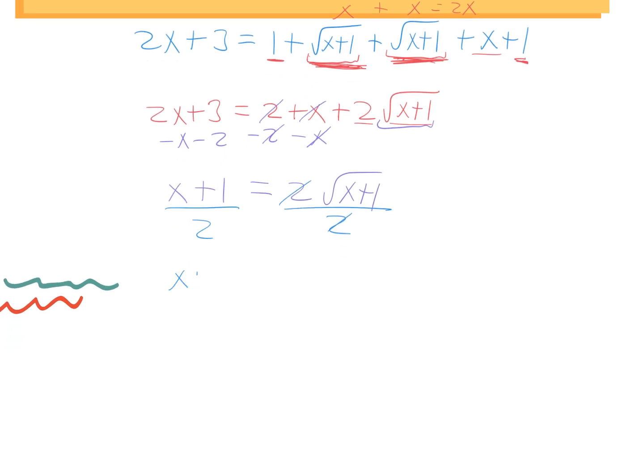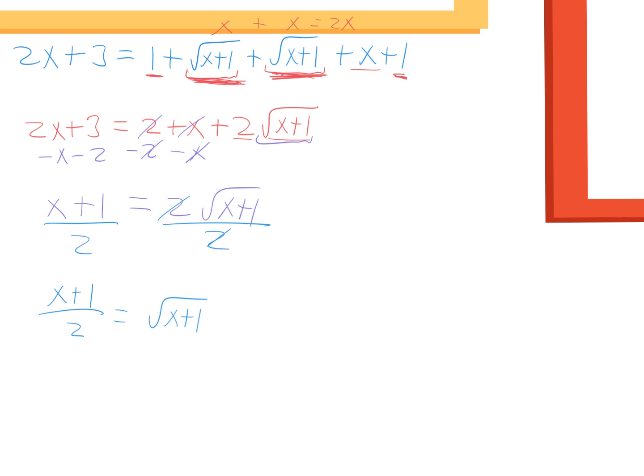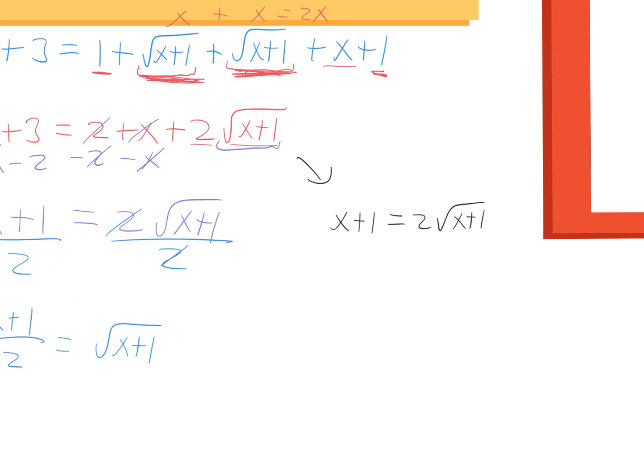So we get x plus 1 over 2 equals the square root of x plus 1, and now that square root is completely by itself. The other way you could have done it, and I'm going to write it over here, is x plus 1 equals 2 times the square root of x plus 1, and just square it from here. If you don't like the fraction, then you can just square it from here.